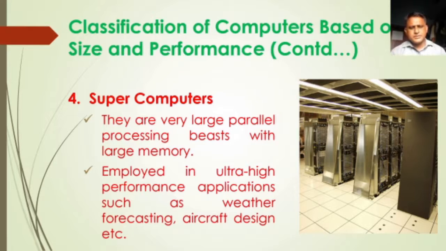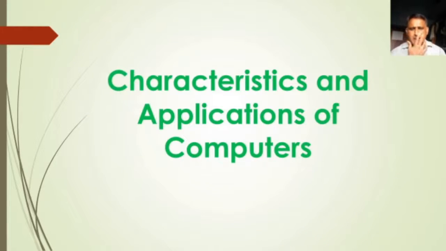They are used in places where we have very complex calculations and CPU intensive jobs, where we have much work for the CPU and less work for input output devices. In these conditions the supercomputers will be used. So that's about the classification of computers.